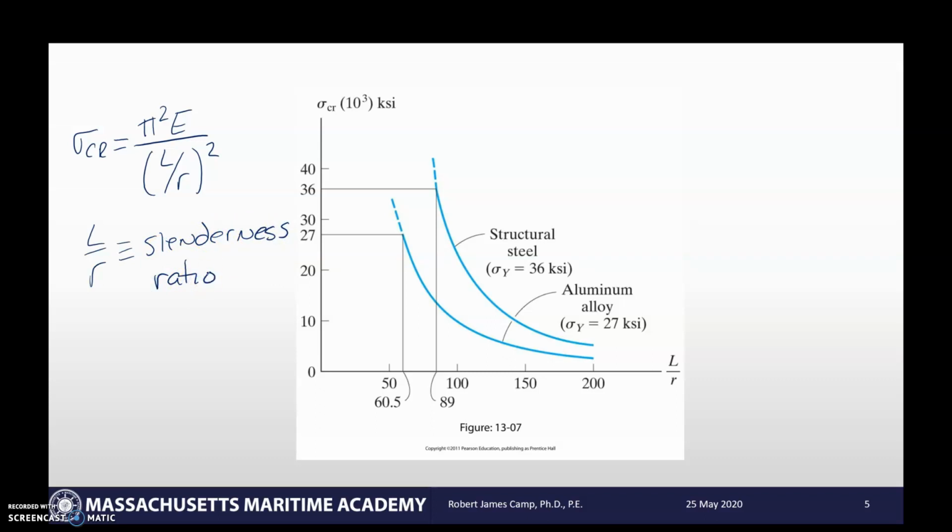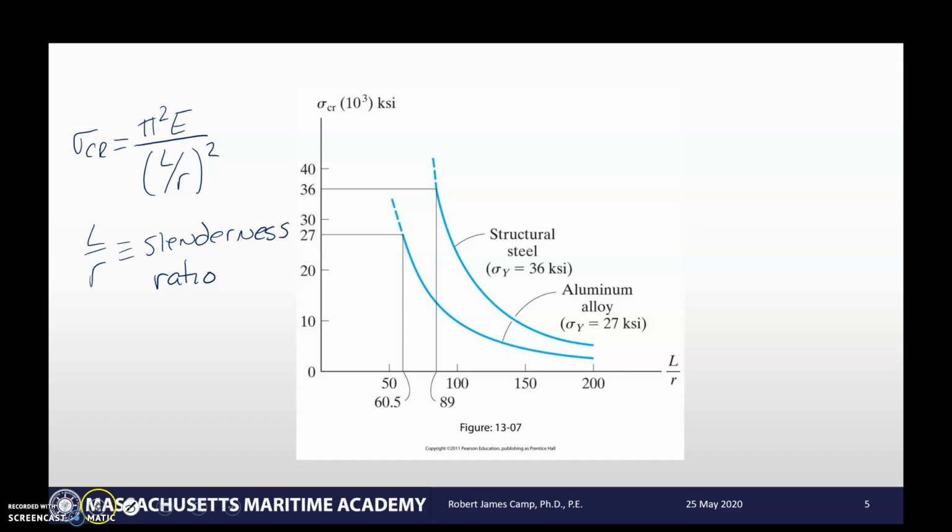As we can see here, we've got a table that gives us the slenderness ratio over the critical stress. If you know the slenderness ratio, you can just go right on this chart and figure out what the critical stress is going to be.